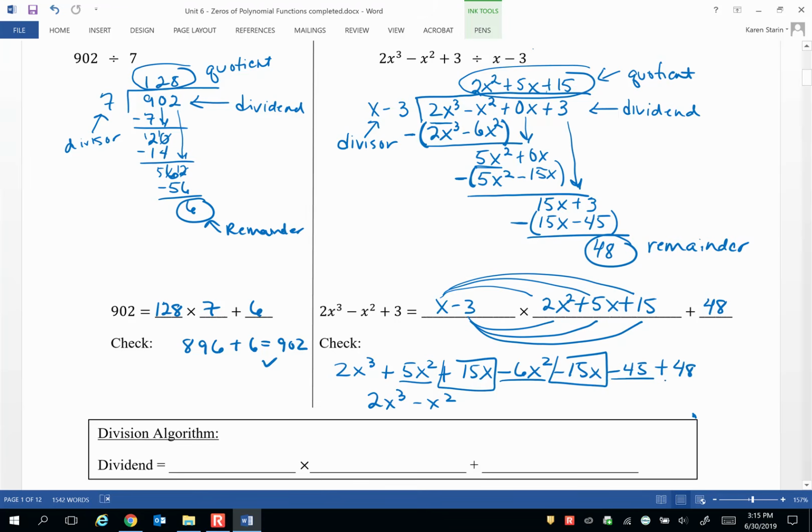And then I have negative 45 plus positive 48, so that gives me my plus 3, which is our original dividend. So let's summarize the division algorithm now. The dividend equals the divisor times the quotient plus the remainder.